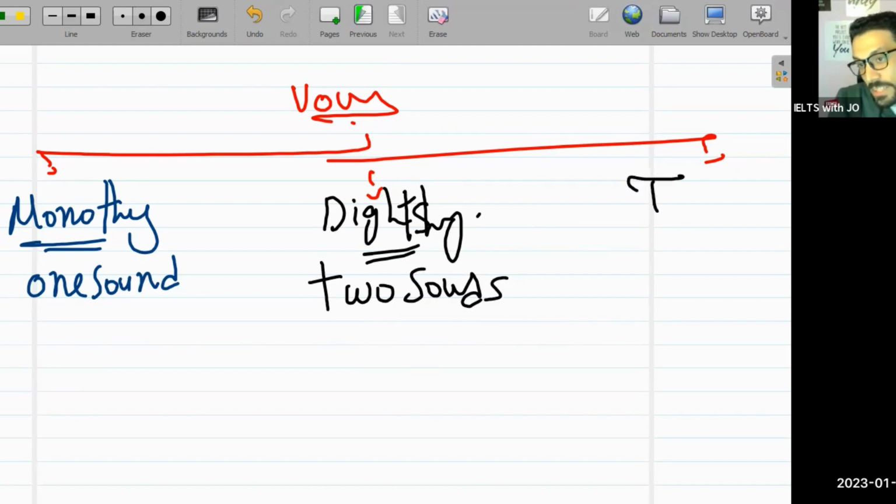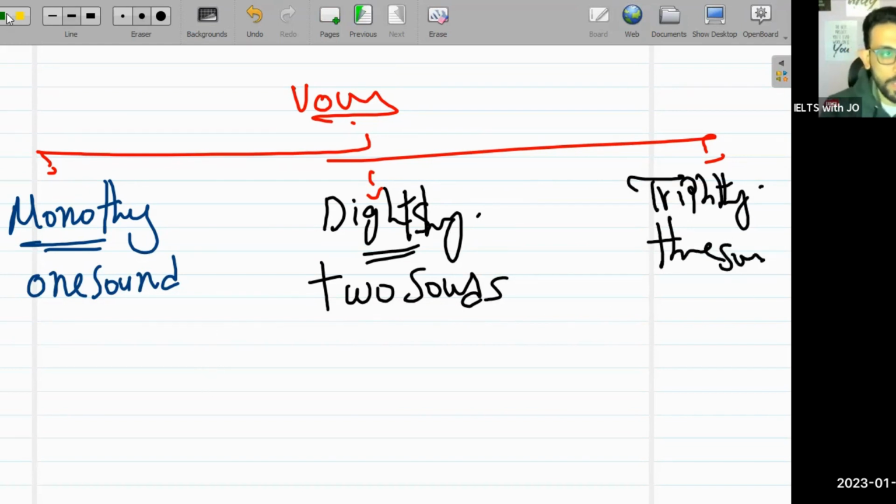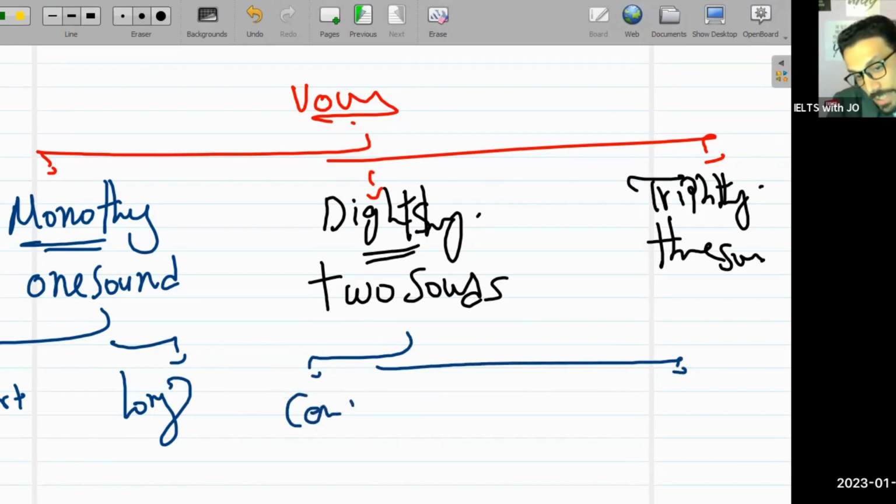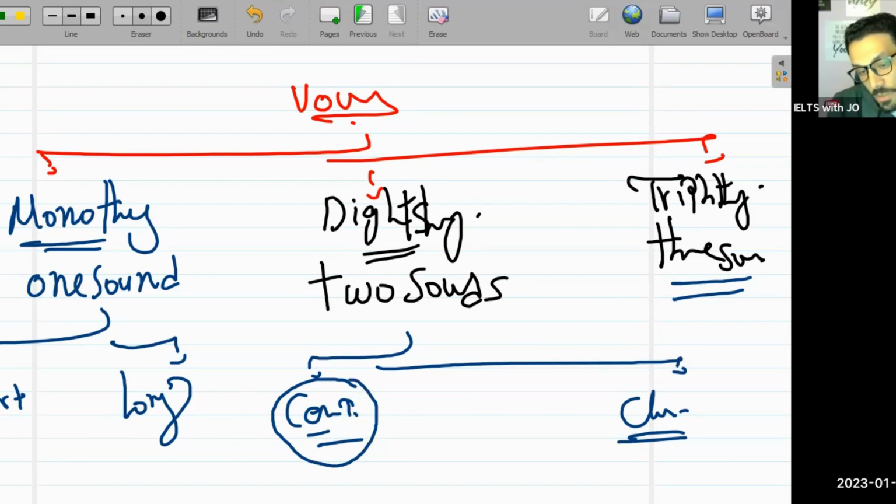And then the triphthong, which means three sounds. The monophthongs are divided into two types, short sounds and long ones. The diphthongs are divided into centering and closing sounds. And the triphthongs depend on the centering sounds, with a schwa added at the end.